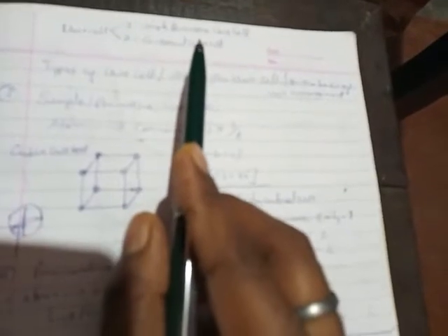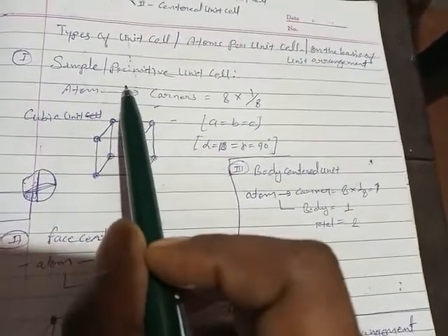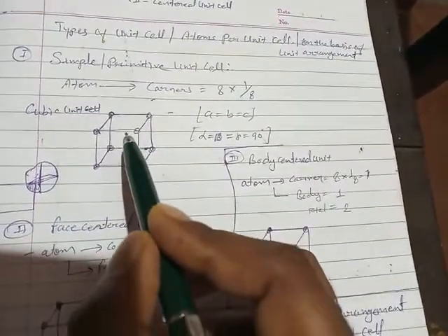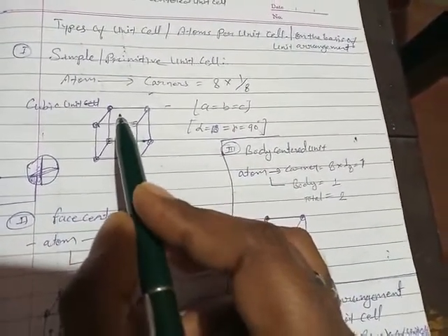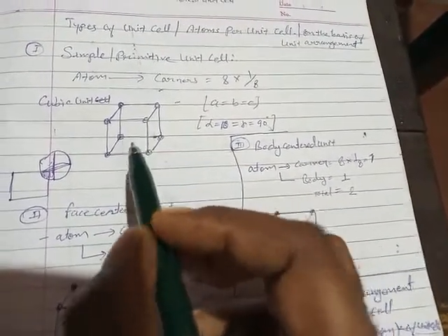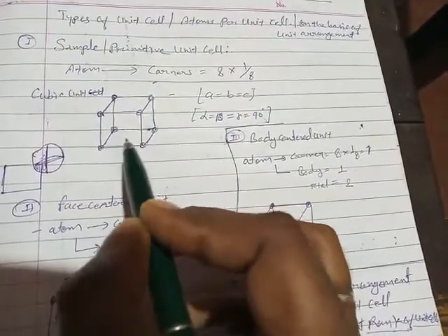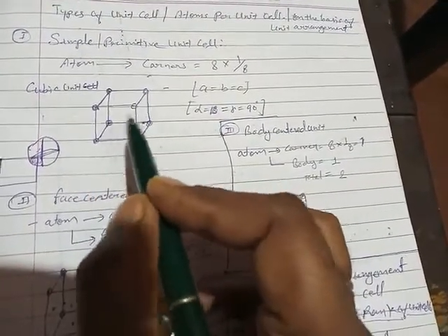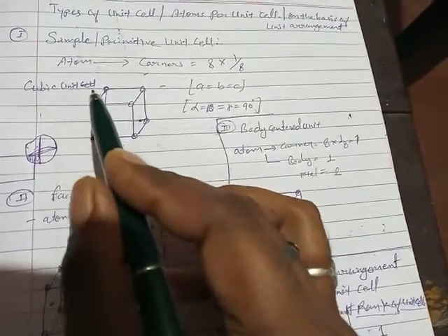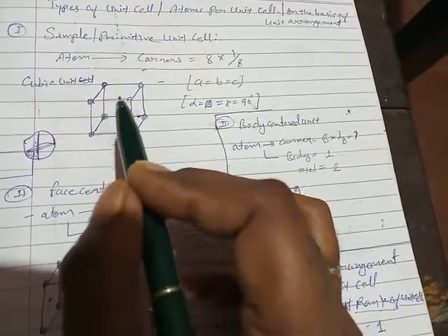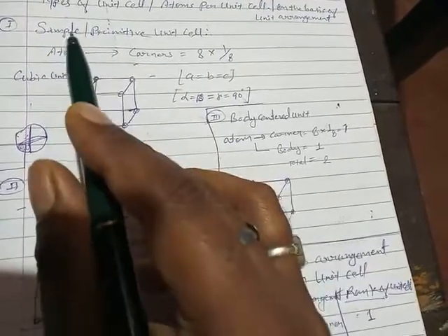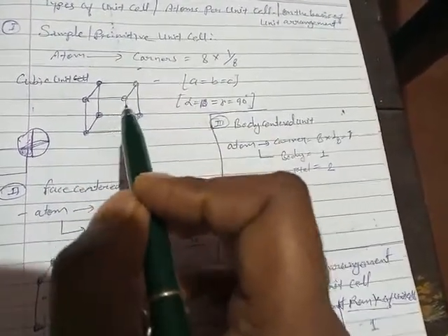Simple unit cell and primitive unit cell, we can define in this type of unit cell. In each corner of the cube, points are situated, and by using the sequence arrangement of these points, they form a cube-like structure. It is a very simple type of structure, so that's why it is known as simple or primitive unit cell.